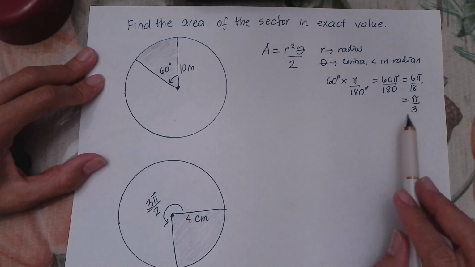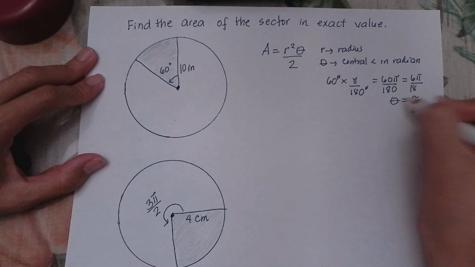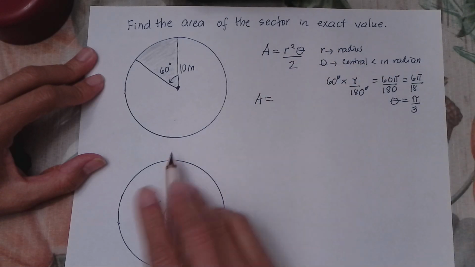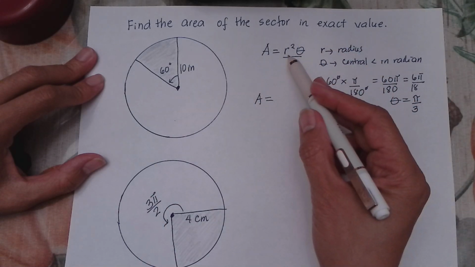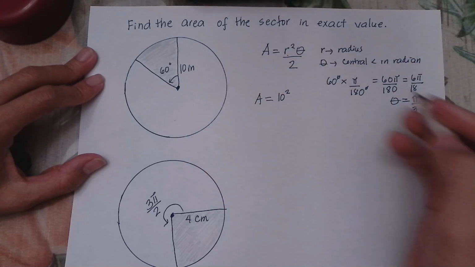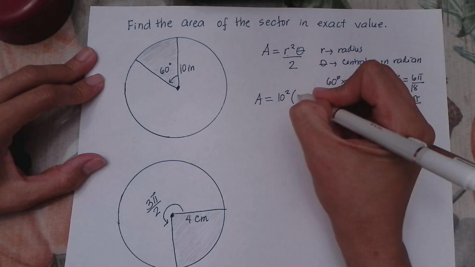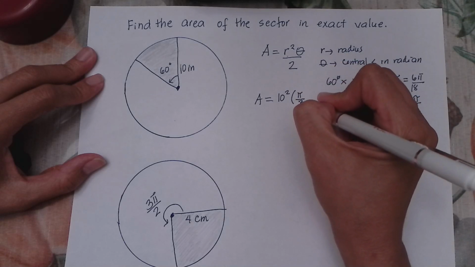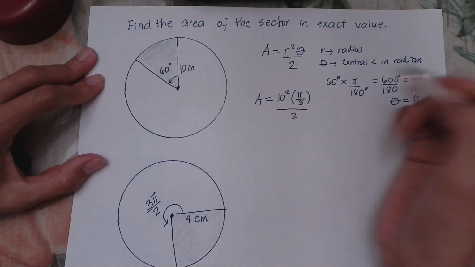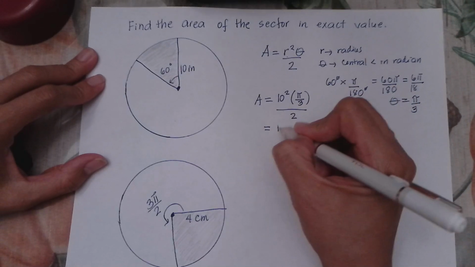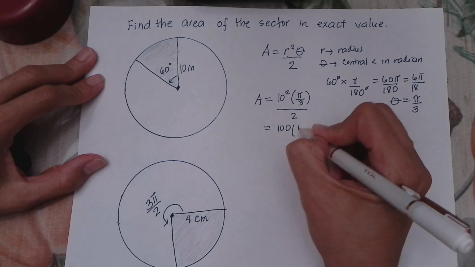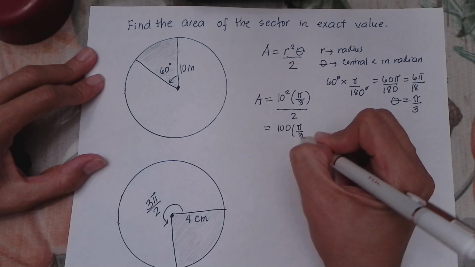So after knowing our theta, we need to put that in our formula. So area is equals to r, which is 10 raised to the second power times pi over 3 divided by 2. So this is also the same as 100 times pi over 3.